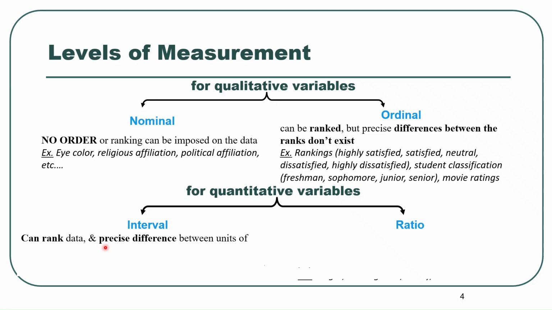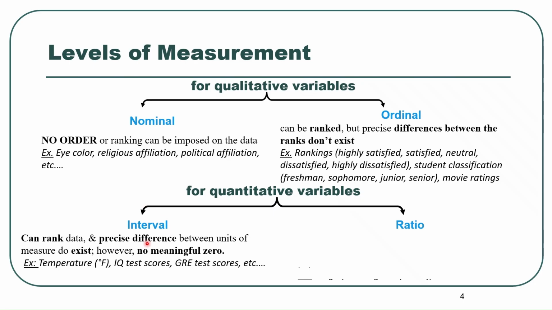However, variables that are measured on the interval scale do not have a true zero. In other words, the zero in that scale does not have any meaning. And a good example for that is again the temperature. If I'm saying today's temperature is 0, this does not mean at all that there is no temperature.